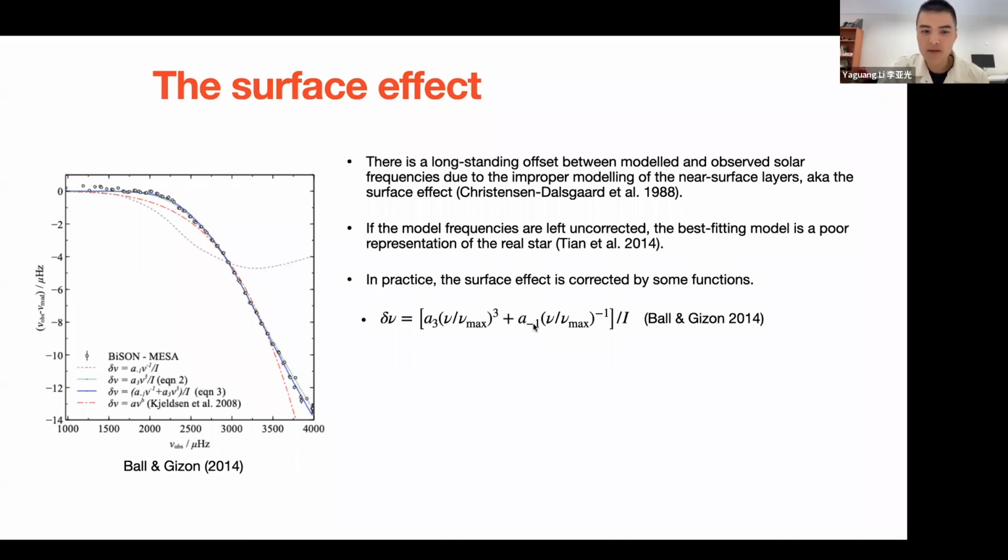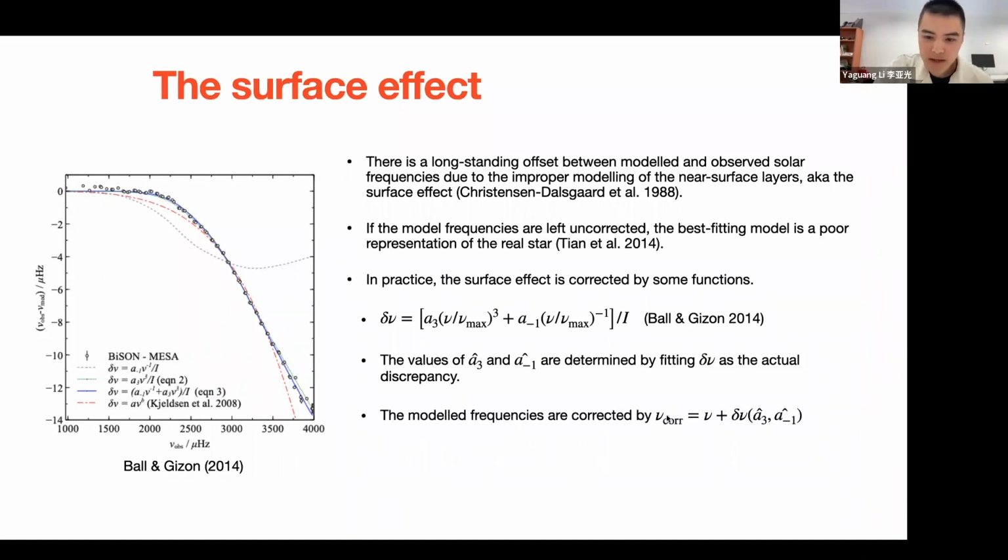So how do we determine these parameters in practice? The values of A3 and A-1 are usually determined by fitting this delta nu to the actual discrepancy between a model and your observed frequencies. As shown on the left, you can see this blue curve, which is this functional form, really nicely describes the discrepancy between the model frequencies and the observed frequencies.